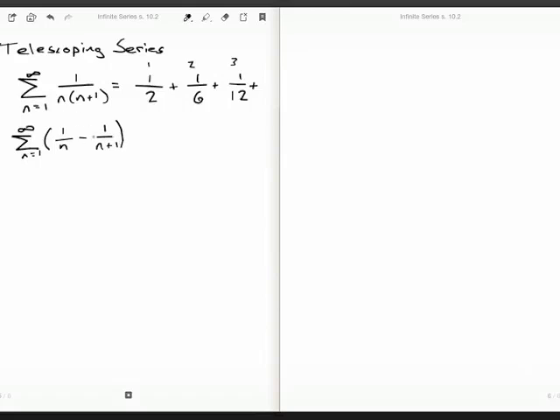If that's not crystal clear what I did here, and I'll give you a hint, I did this. I'm going to put this in red. If this is not clear to you, go back and look at your partial fraction decomposition. I told you guys it's going to be algebra, and this is not calculus here. This is just partial fraction decomposition. That was just algebra to do that. So make a note of that if it's not clear.